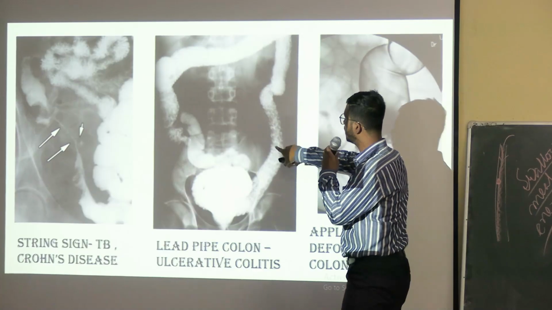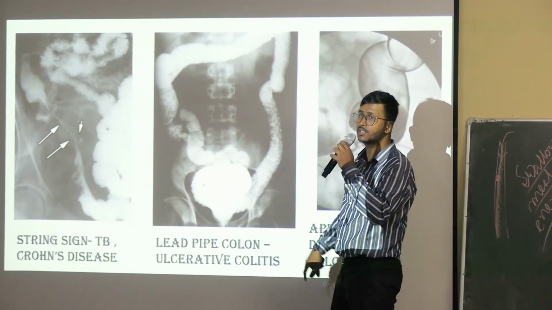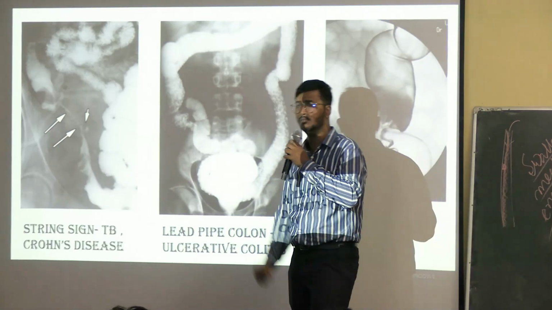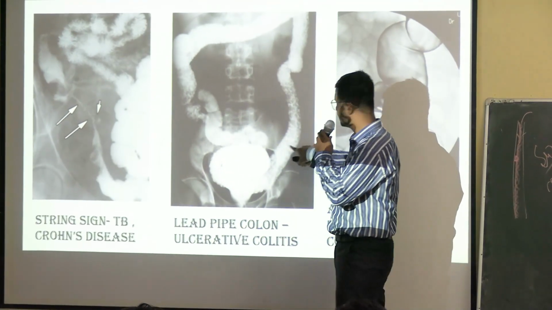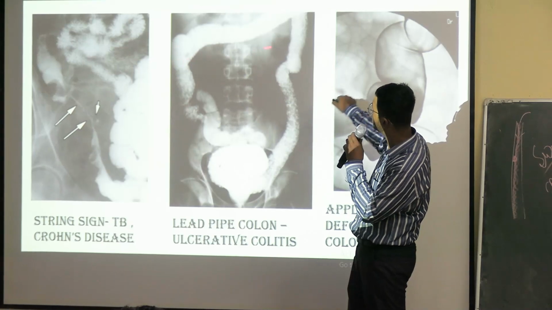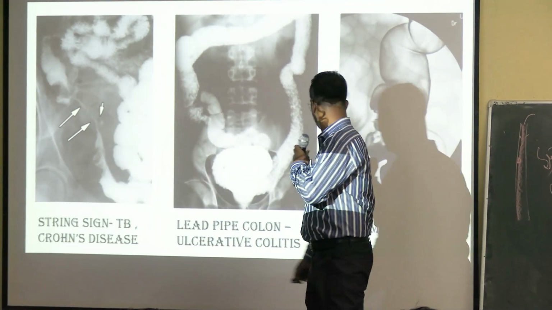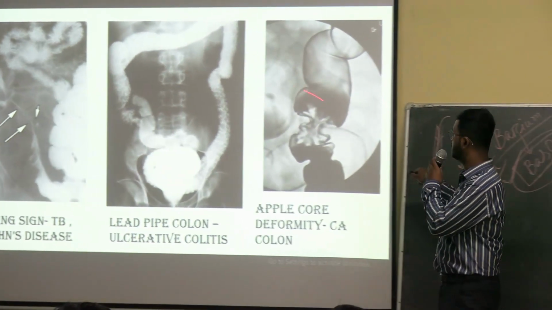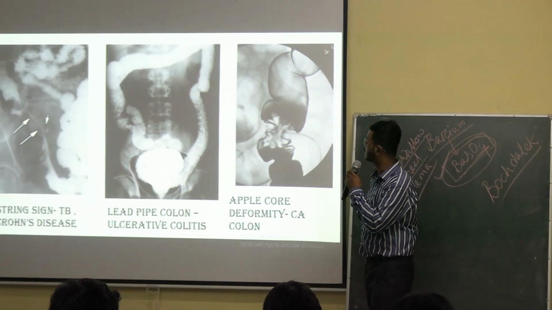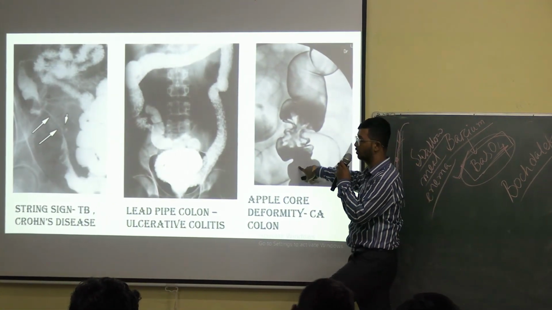Usually in the large intestine, you will see various haustrations, incomplete circles. But in ulcerative colitis, the haustrations are absent. And this is a cancer where you can see this apple core deformity. This is a cancer of the colon.